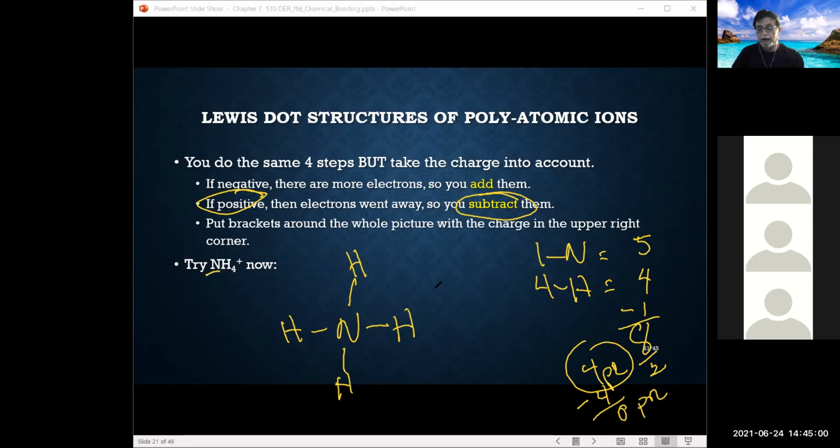Now I put a bracket around the whole molecule and I put a plus. Now I can also do a general formula here. No different. My general formula would be AB4, which if we go to the shapes table, guess what that is? Tetrahedral, bond angle 109.5.